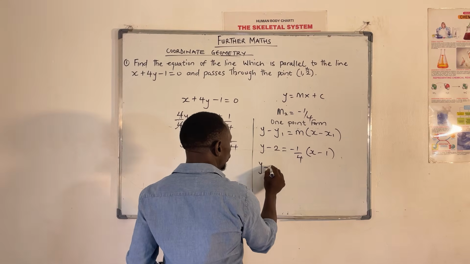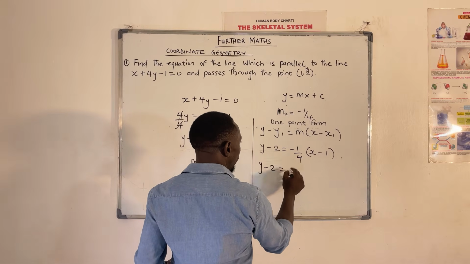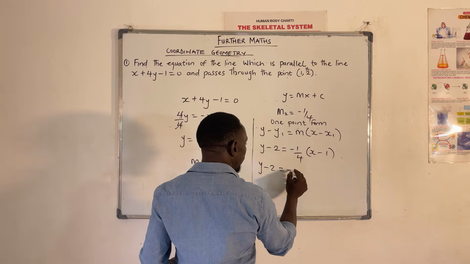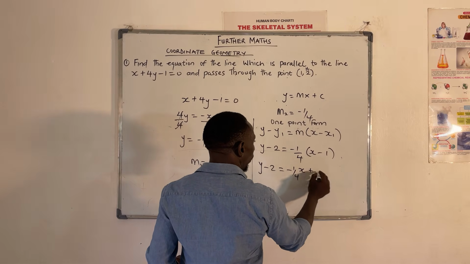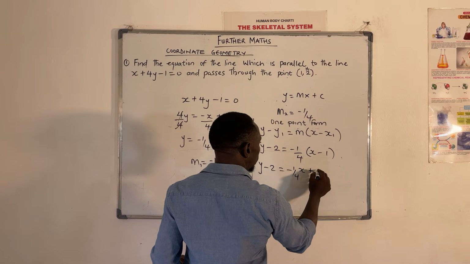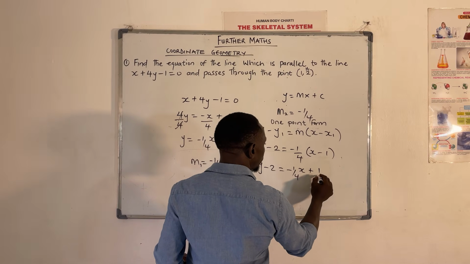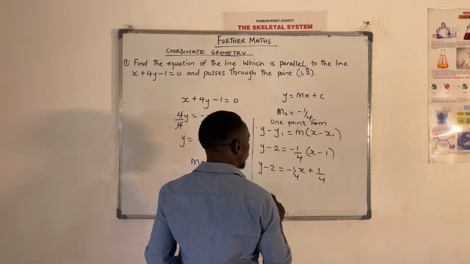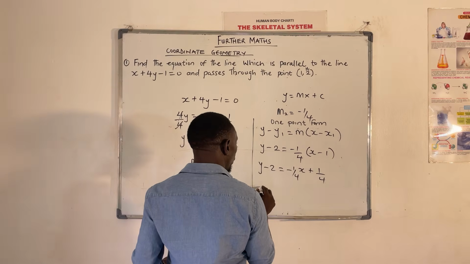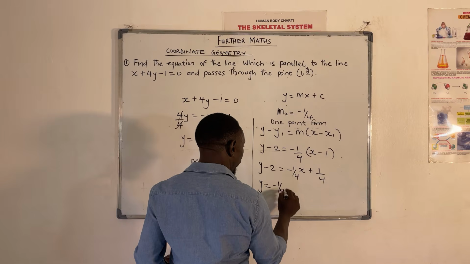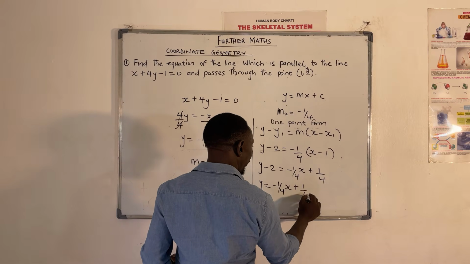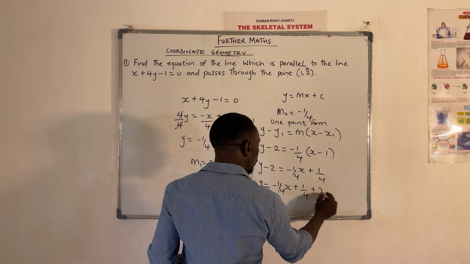So I'll now remove the bracket here. I have y minus 2 is equal to minus 1 over 4 x plus 1 over 4. If you transpose, you have y is equal to minus 1 over 4 x plus 1 over 4 plus 2.